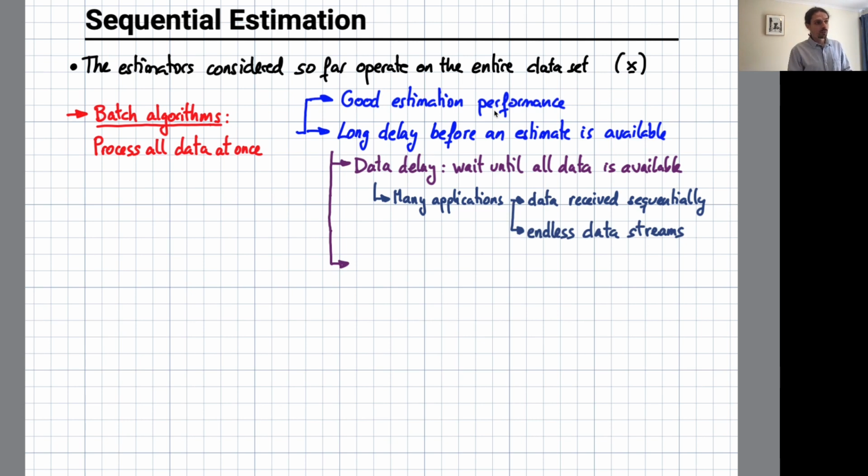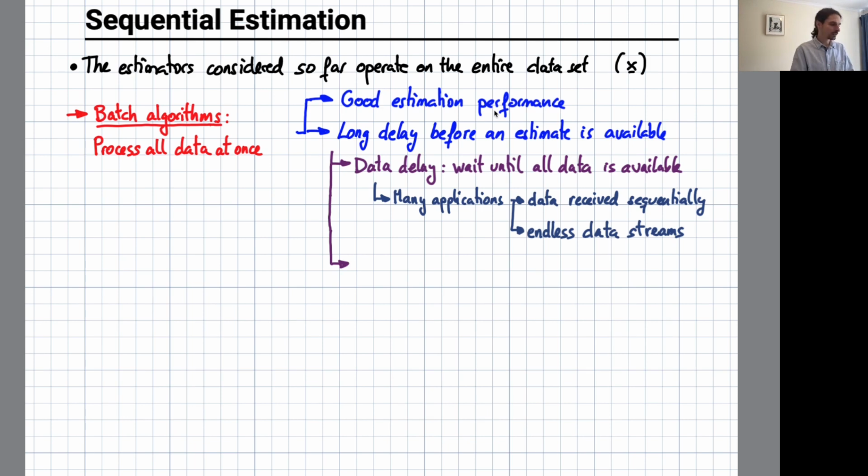But waiting for all the data to be available is directly impossible in many other applications. So think, for example, of GPS sensors, such as the one integrated in our smartphones.